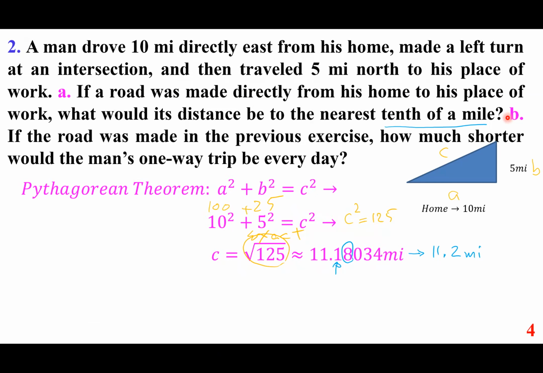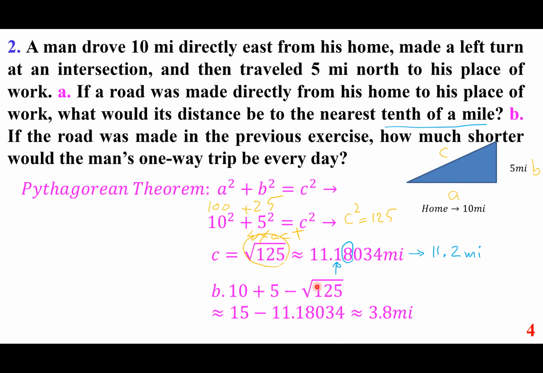Part B. If the road was made in the previous exercise, how much shorter would the man's one-way trip be every day? Well, we're going to go this way 10 miles, this way 5 miles, 15 total. But instead of going 15 miles, we're going to go this much. So 15 minus this number. So 10 plus 5 minus square root of 125.